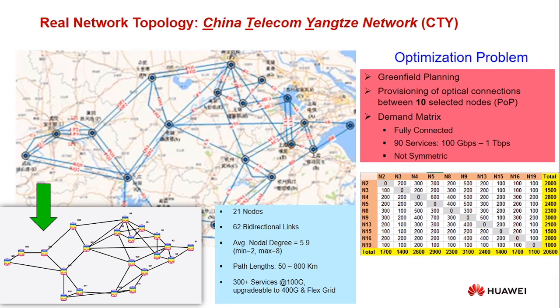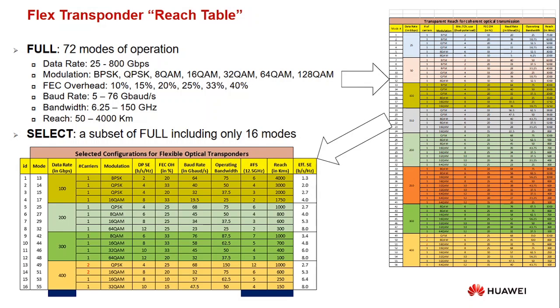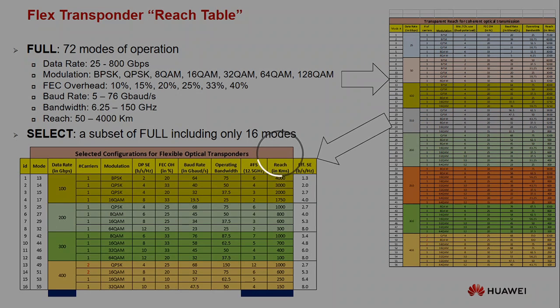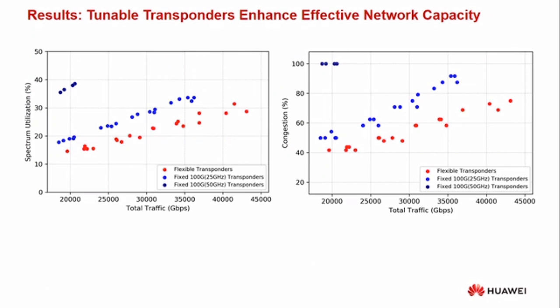Won't go through details, but it's a large ROADM network in China with a representative reach capacity table for the different possible transponder states, sort of a proxy for the answers that were provided by the digital twin.